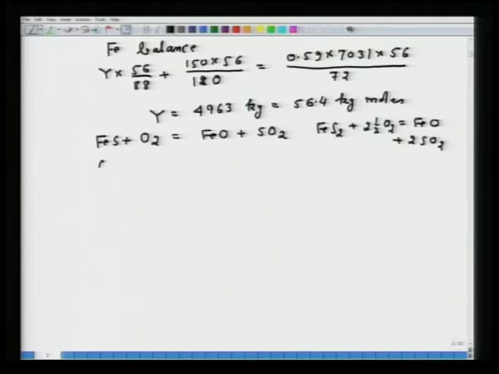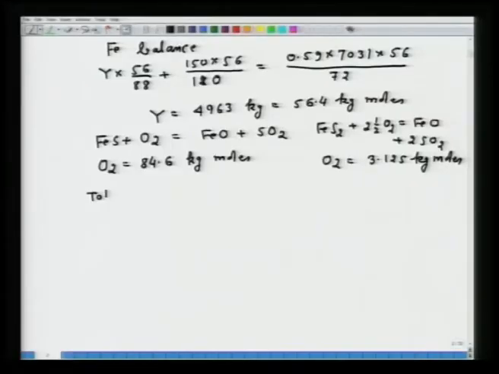The O2 required for FeS will be 84.6 kg moles, and for FeS2 the O2 required will be 3.125 kg moles, because matte contains FeS and flux contains FeS2, and that is why you have to do separate calculations.